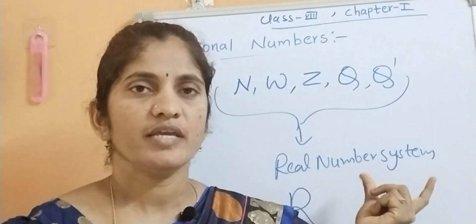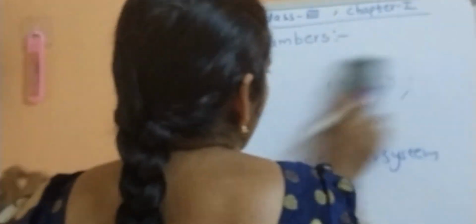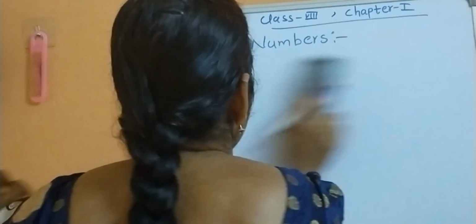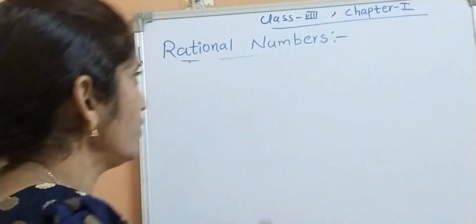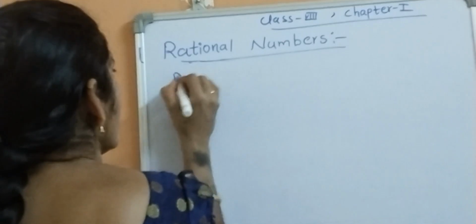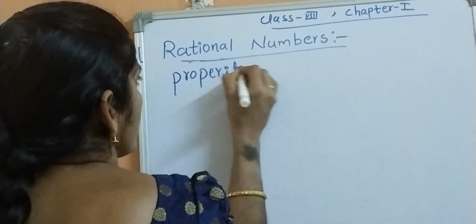We can denote it by capital R. So this is the introduction about the number system. We are going to learn properties of rational numbers at first.